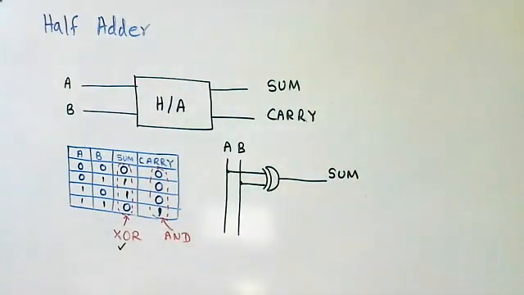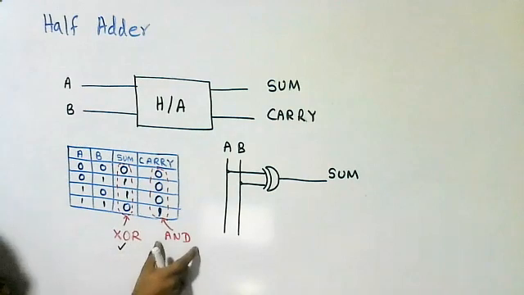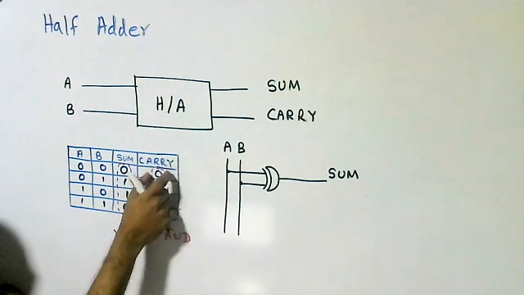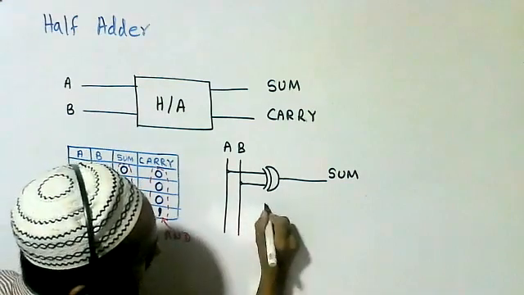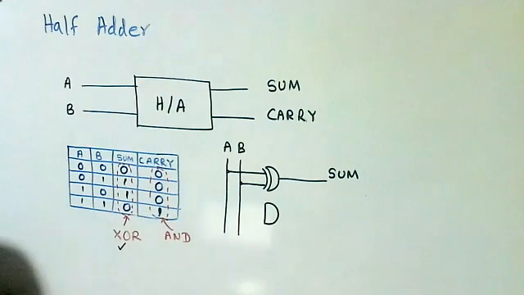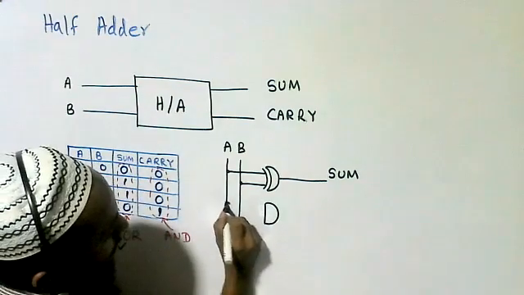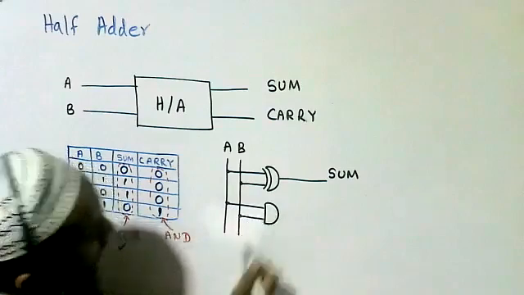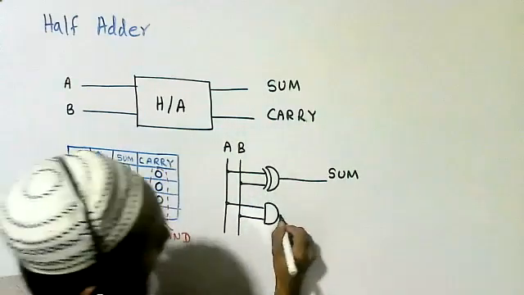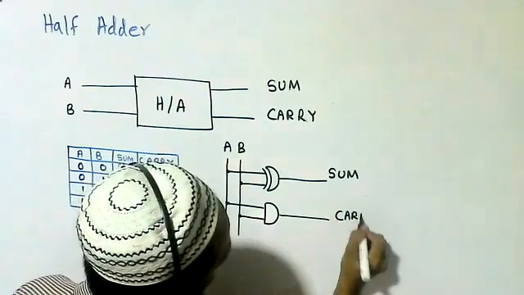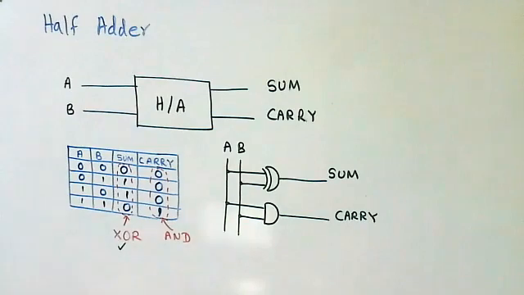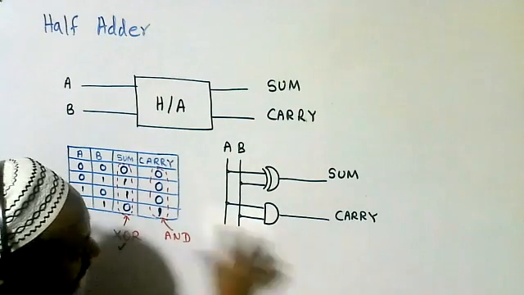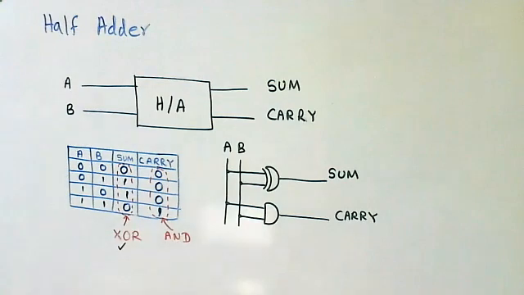Now this part is complete. Coming to carry, we need only one AND gate. The output of carry is the same as an AND gate. So we are using an AND gate. A, B are the inputs, and the output is carry. That's all, students. This is the logic circuit for the half adder. Is it clear? If you have doubts or questions, please let me know, students.